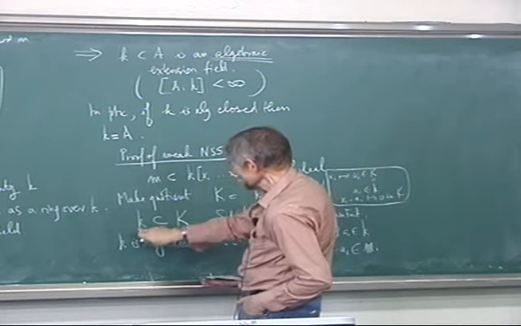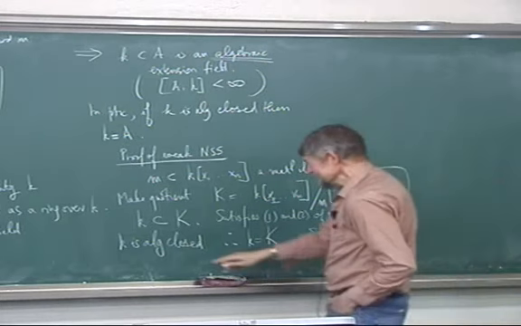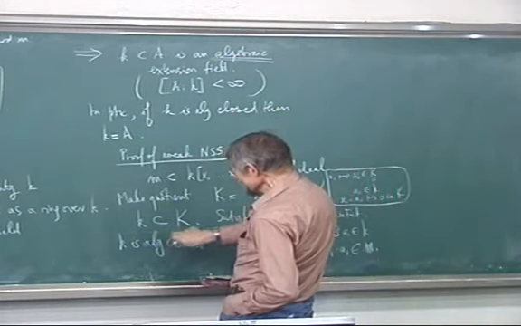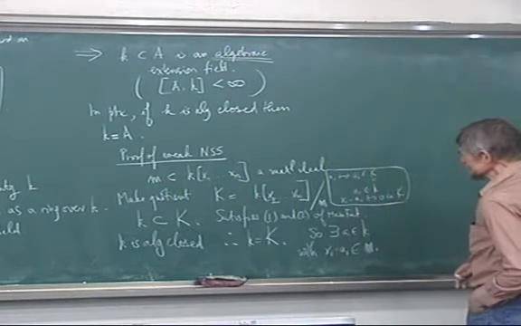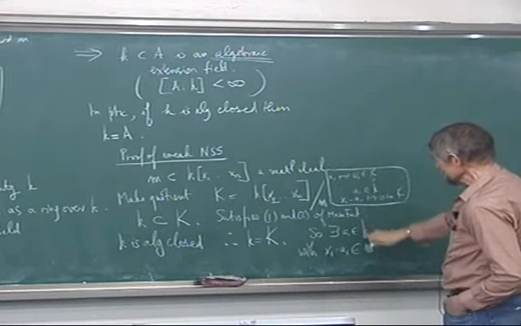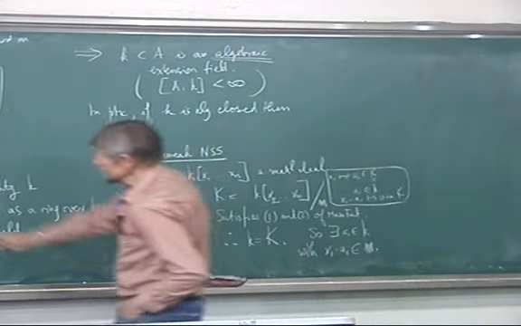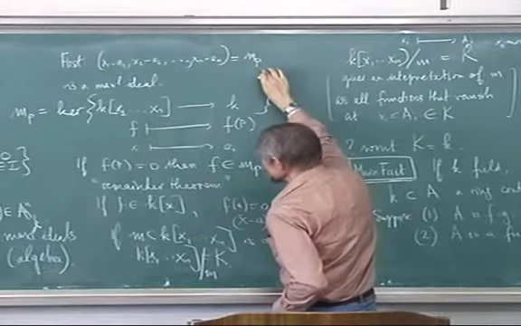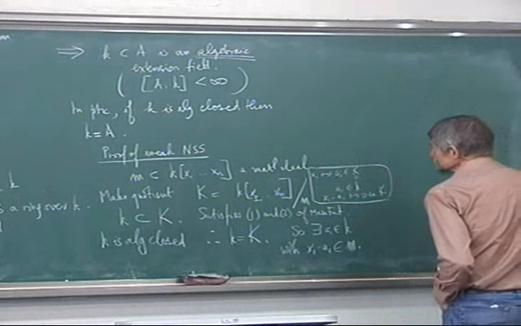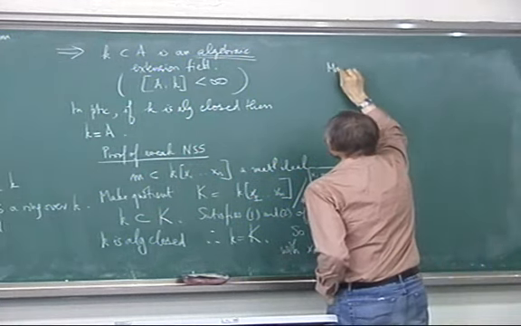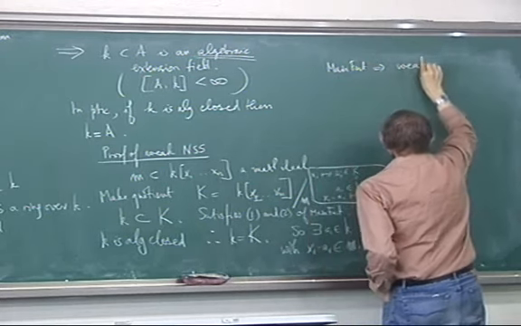So the elements here are algebraic over k. Also, k is algebraically closed, and so an algebraically closed field doesn't have any non-trivial extension field, so therefore K is k. Right? And then you think about where the x_i's have to go to, and you figure out that this maximal ideal M contains one of the guys I already discussed, and so therefore is equal to one of them. Right, so the main fact implies the weak Nullstellensatz.